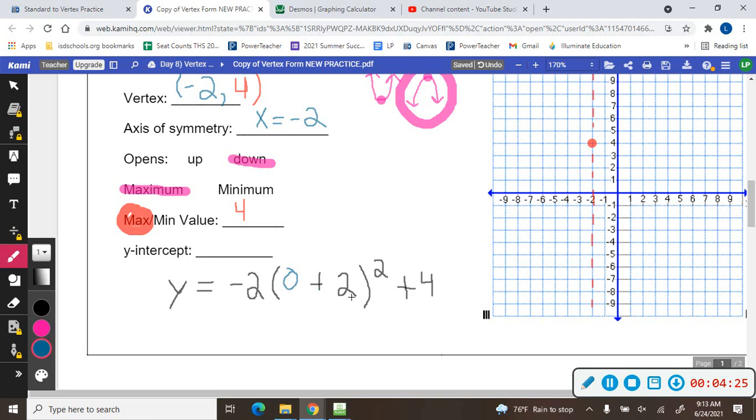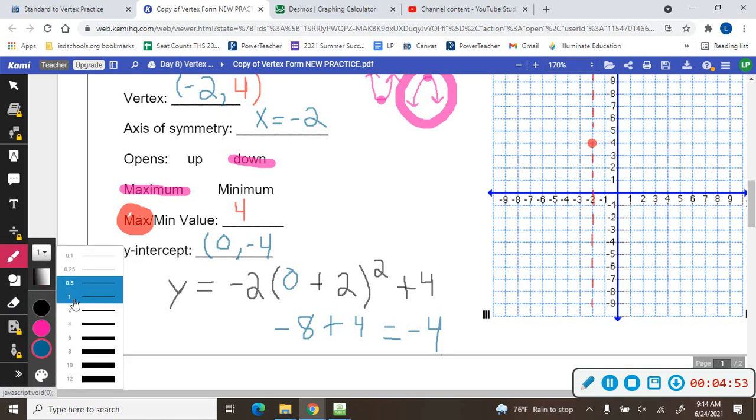Well, 0 plus 2 is 2. 2 squared is 4. 4 times -2 would be -8. And then you add that to 4. You get -4. So I just found the y-intercept is at 0, -4.